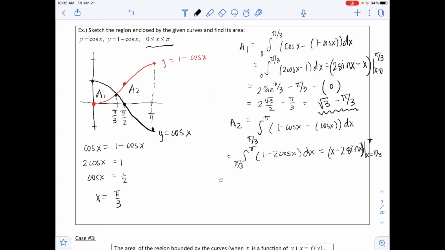So substituting in pi first, we have pi minus 2 sine of pi minus, and then substituting in pi over 3, we get pi over 3 minus 2 times sine of pi over 3. And so evaluating this, we have pi minus 2 times 0 minus pi over 3 minus 2 times, and then sine of pi over 3 is rad 3 over 2 like we saw up above.